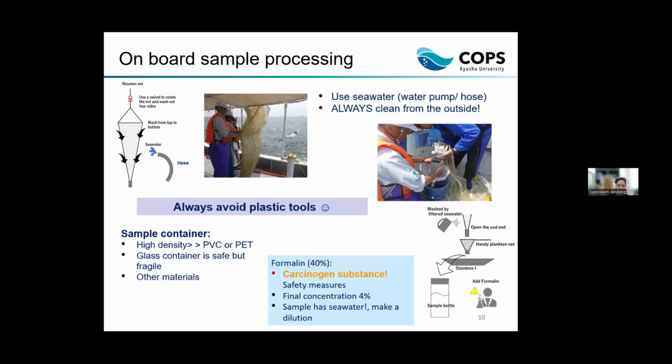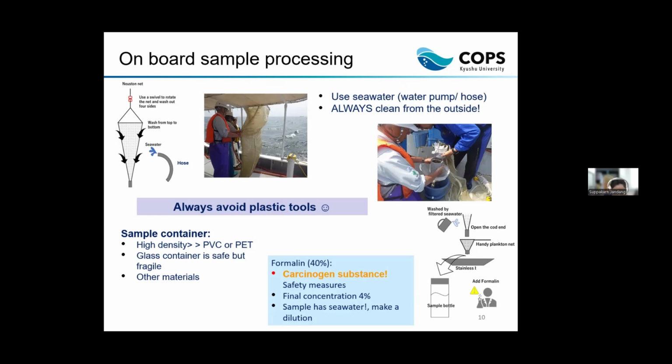Just remember this to avoid any contamination, because we use seawater to wash it and it doesn't pass through any filtration. So make sure that you wash it from outside, not inside of the net. Otherwise your sample will be contaminated from other seawater.